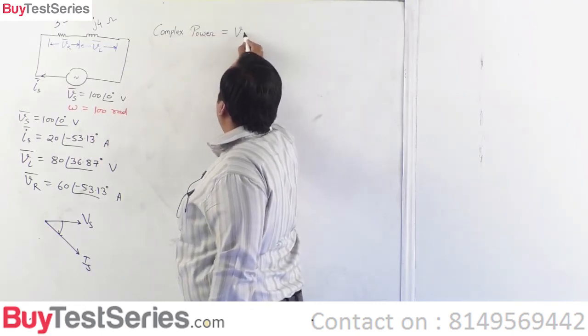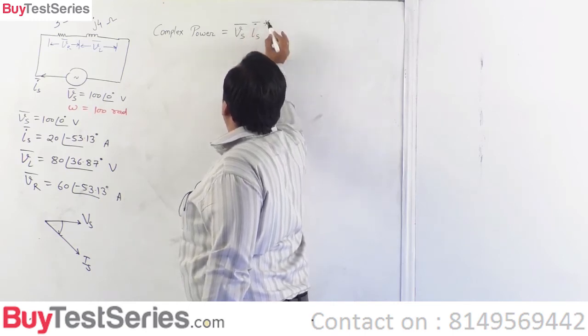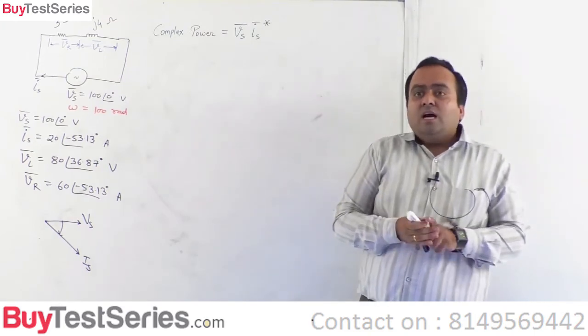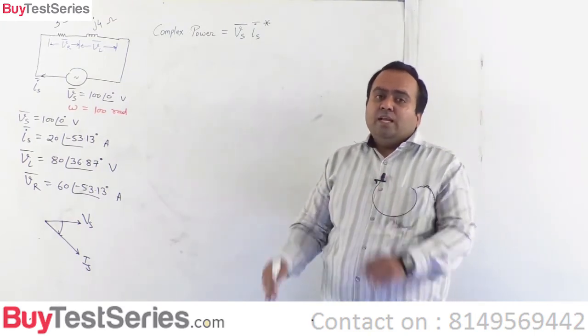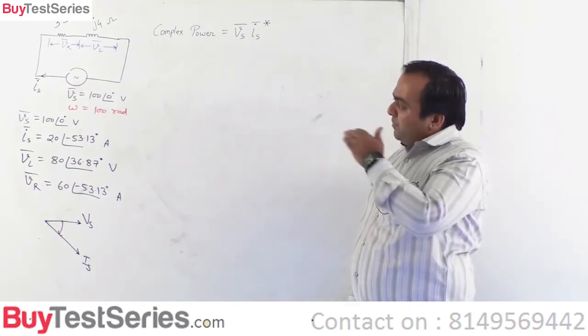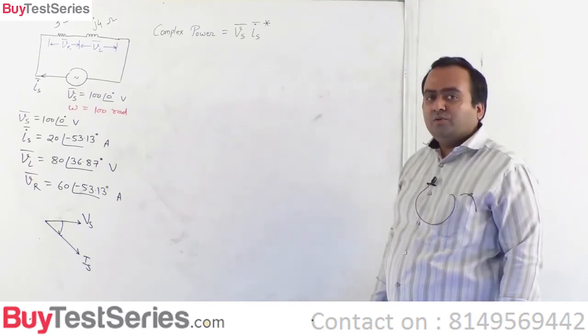It is by definition Vs phasor times Is phasor conjugate. Is it okay? Now the question comes, why do we take the conjugate of this? See, let me first tell you the calculation and then I will tell you why we take the conjugate.